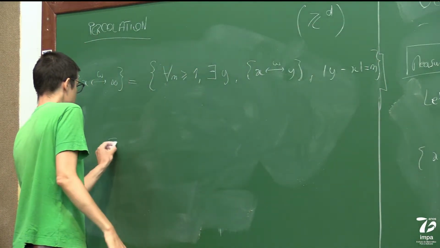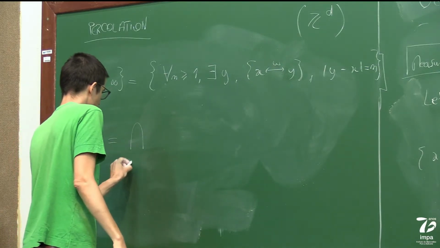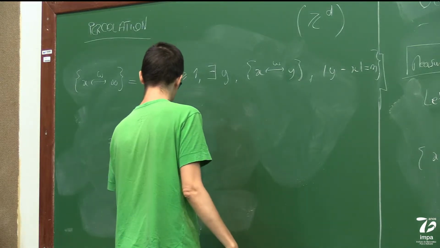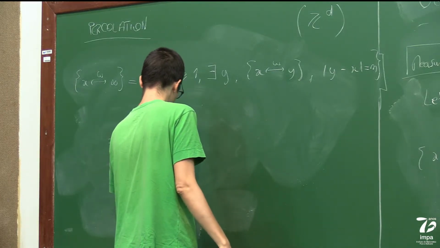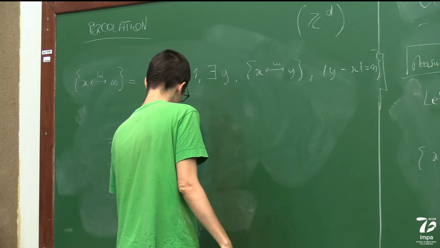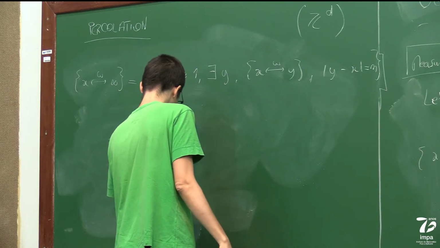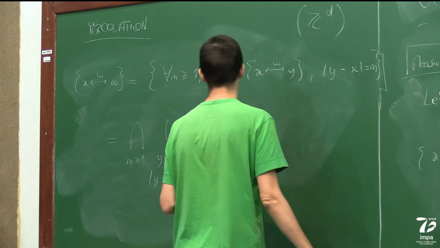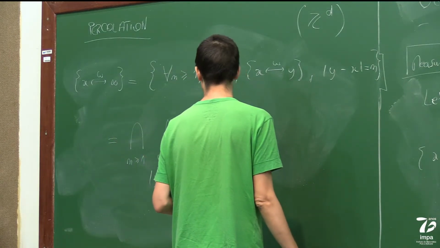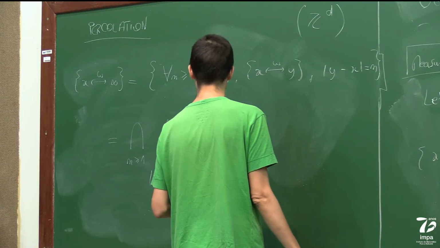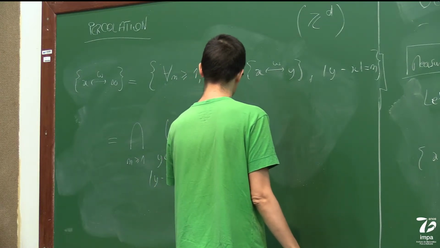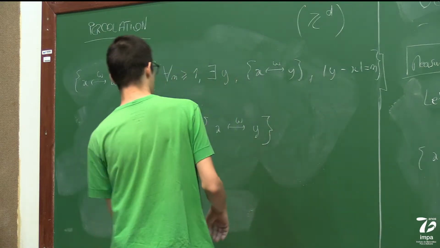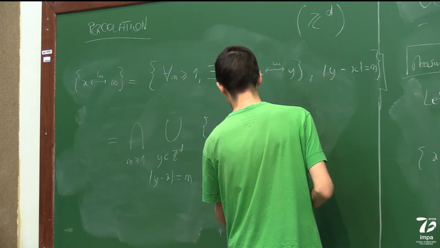Now this is just the intersection over n larger than 1 of the union over y in Z^d such that the norm of y minus x is equal to n. And now what do I have? I have x connected to y, and we have seen that this is measurable.